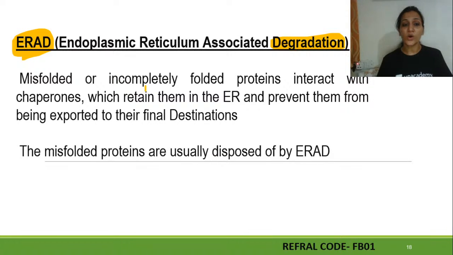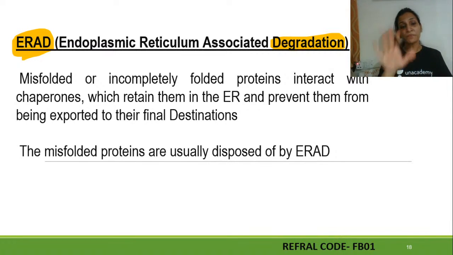Misfolded or incompletely folded proteins interact with chaperones, which retain them in the ER and prevent them from being exported to their final destination. So if they are not properly functioning, they won't be transported to the place where their function is. They won't be exported to their final destination. Obviously, because they are not folded properly, how would they be capable of performing further duties?